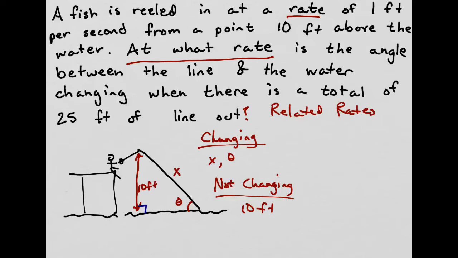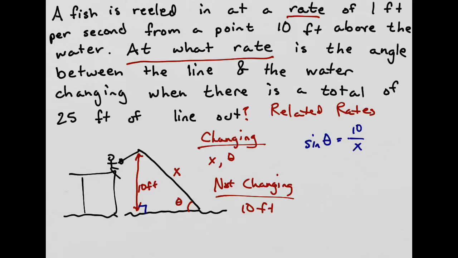If we're looking at this, I think a trig function is the best because we have an angle. We have the 10 feet, which is the opposite, and we have x, which is our hypotenuse. Opposite over hypotenuse is sine. And so we have that sine of theta is equal to 10 over x.